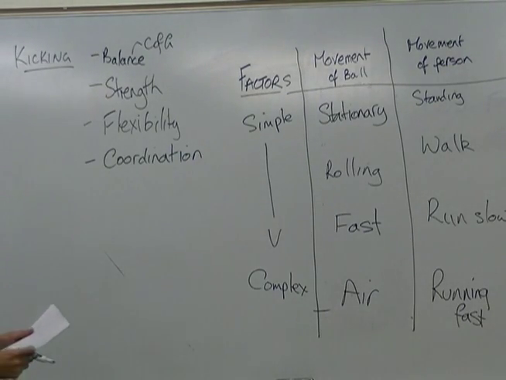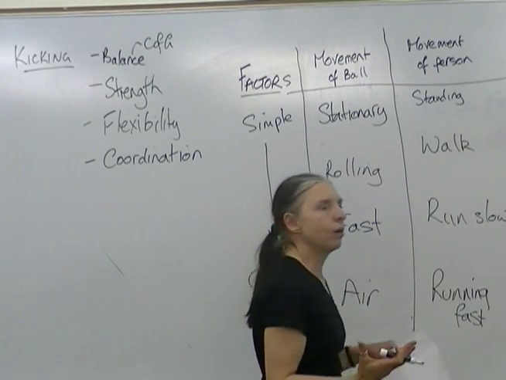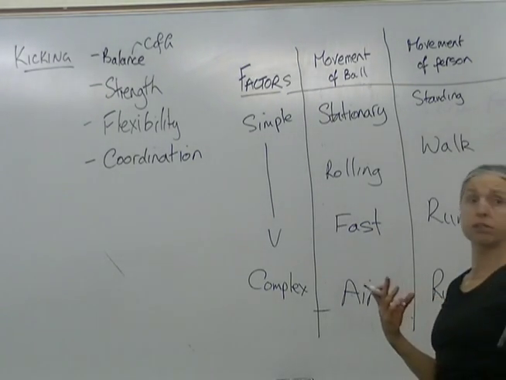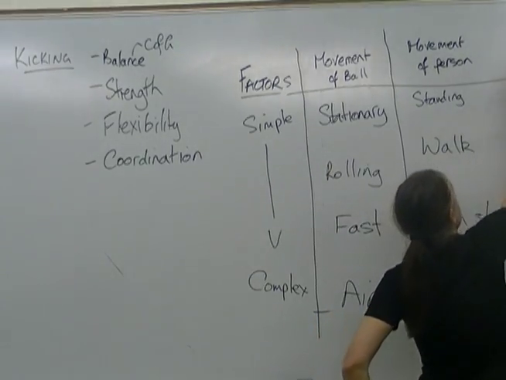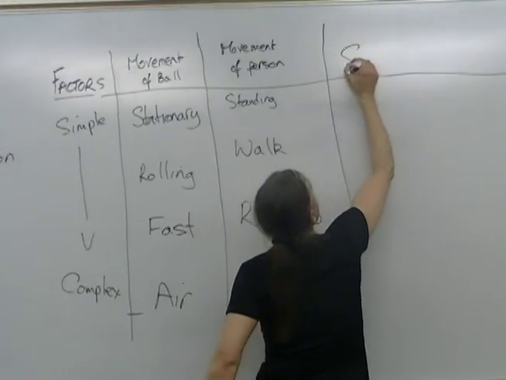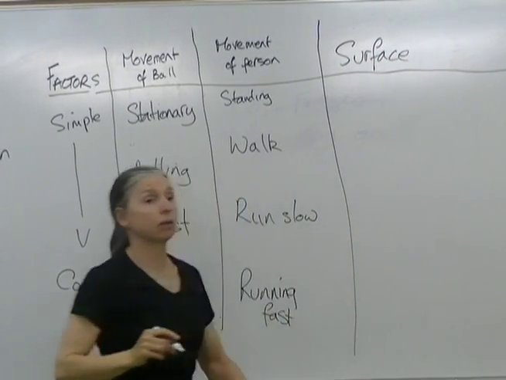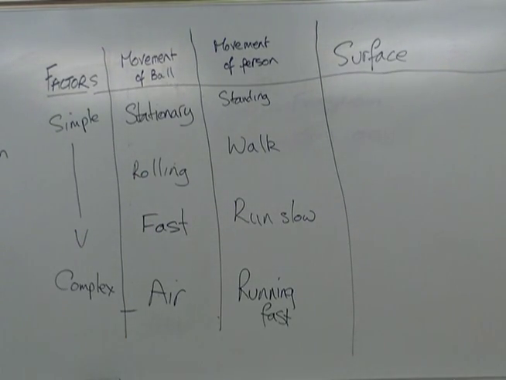Okay. What about an environmental constraint that would make a difference to kicking? Grass, slippery grass, pavement. All right, so the surface would make a difference. Now surface is interesting because I think it depends upon your point of view about kicking.